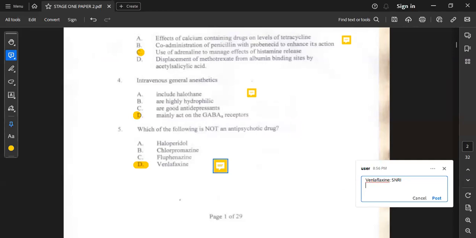And a little addition on their mechanism of action, as we've seen, they're working on dopamine, and they are dopamine antagonists, yes.